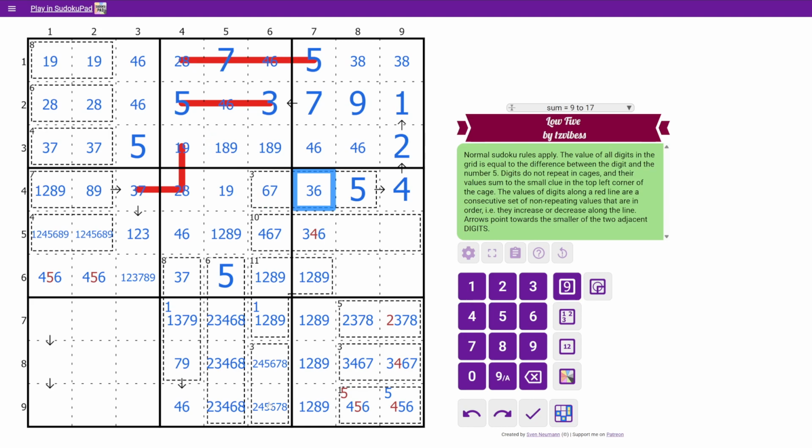This needs a 1 and a 2. It's gonna have the 6 for sure. Okay. 3-6 combo there. This is a 4. This is a 4. This is the 5.